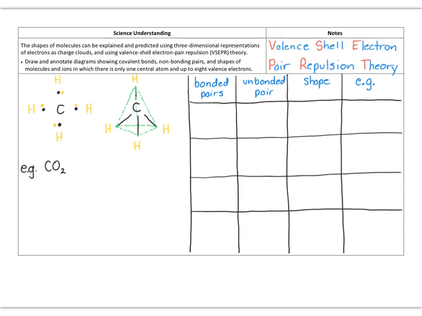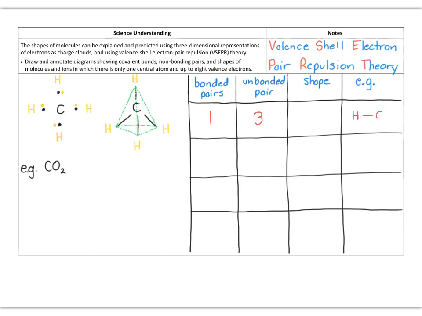So let's look at this in a little bit more detail. We'll almost go back a step to some simpler ones. If we think about our electrons surrounding a central atom like carbon in this example, if we have, say, 1 bonded pair, and we have then therefore 3 unbonded pairs, that shape, it might be better to do the example. So an example like that would be hydrochloric acid.